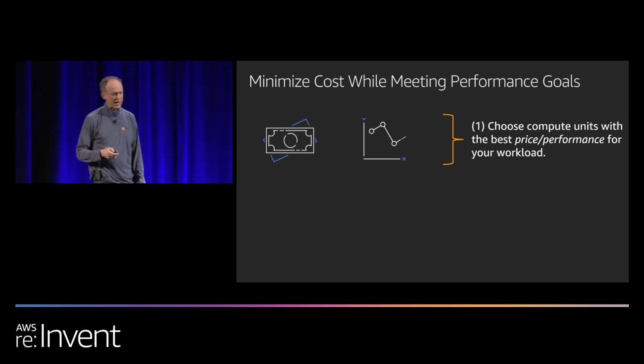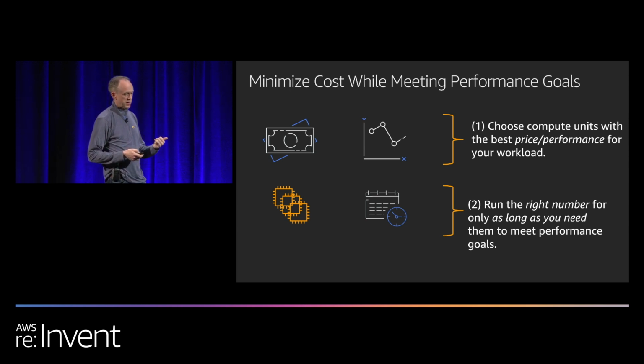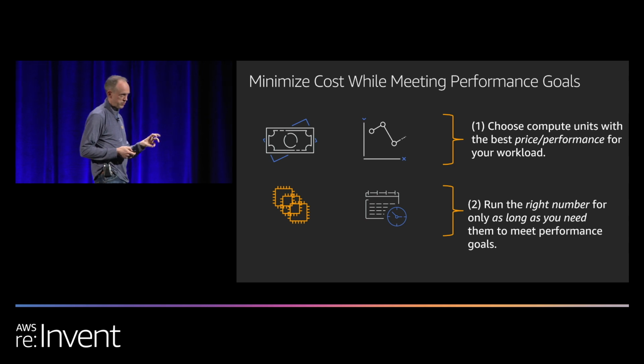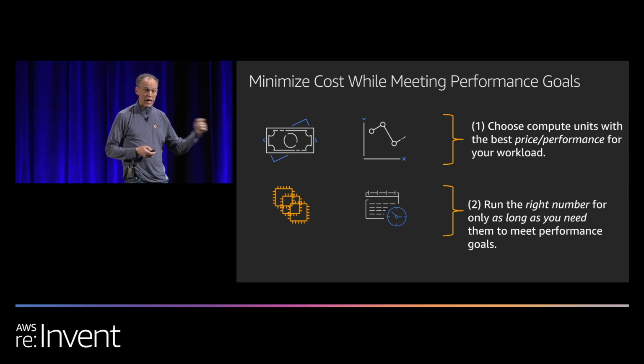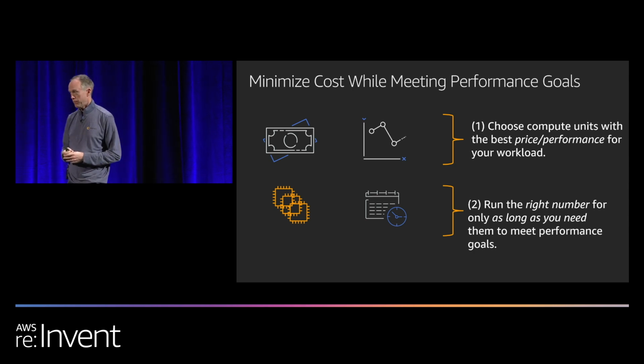So there are actually only 4 different factors that we've seen here that feed into performance and cost. And I think of those as being 2 different groups. There's the cost per compute unit and the performance per compute unit. And then there's the number of compute units and the length of time that you use them.